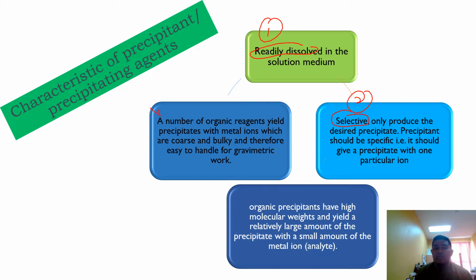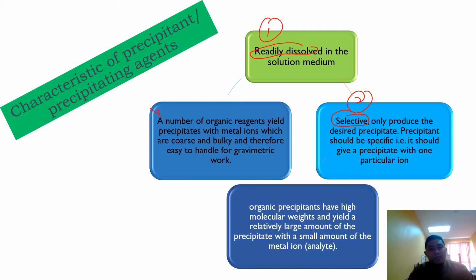The characteristics of a precipitant are that it is readily dissolved in the solution medium, and very selective, only producing the desired precipitate. A precipitant should be specific. It should give a precipitate with one particular ion. A number of organic reagents yield precipitate with metal ions which are coarse and bulky and therefore easy to handle for gravimetric work.